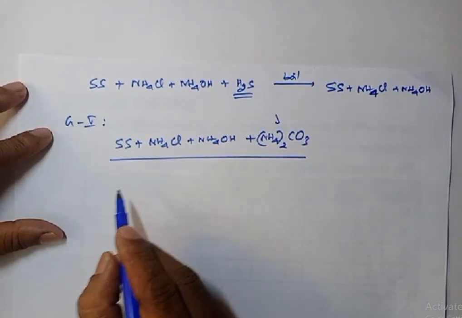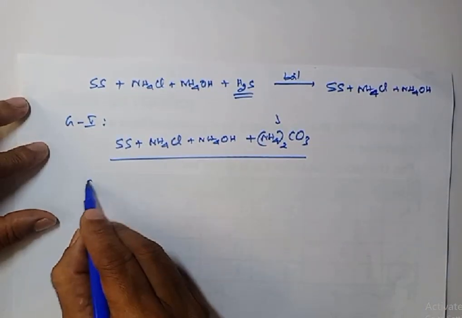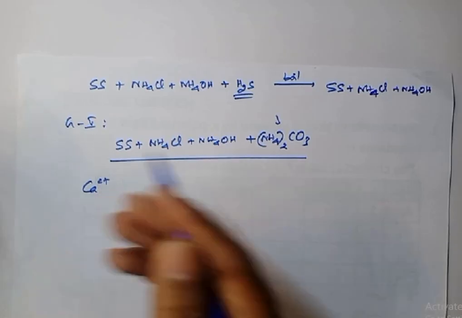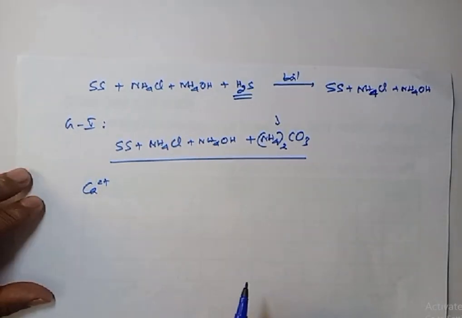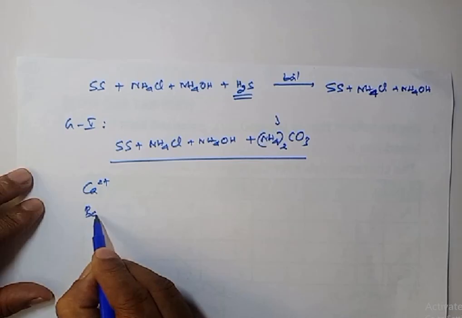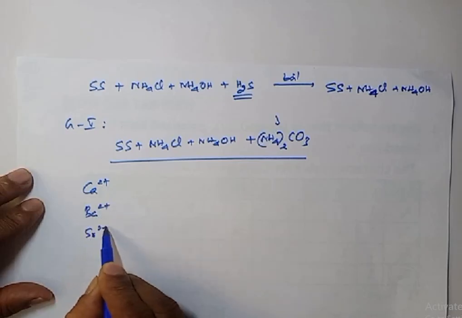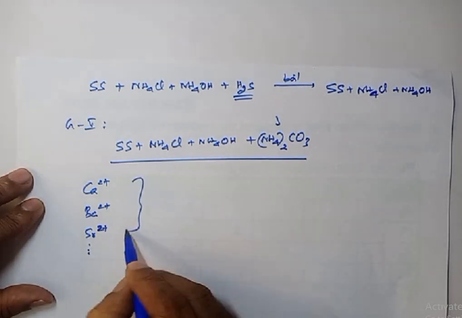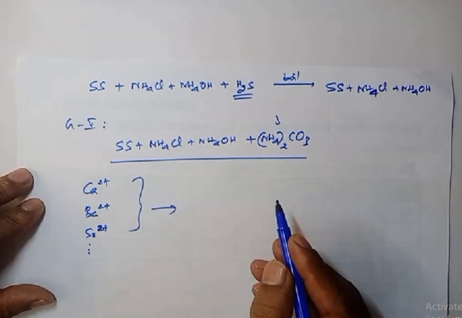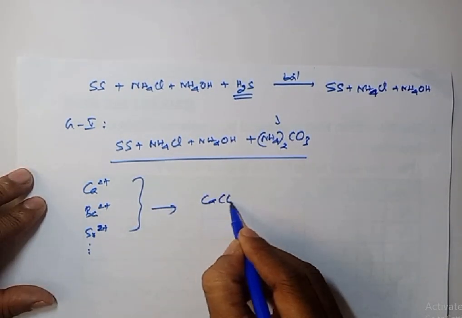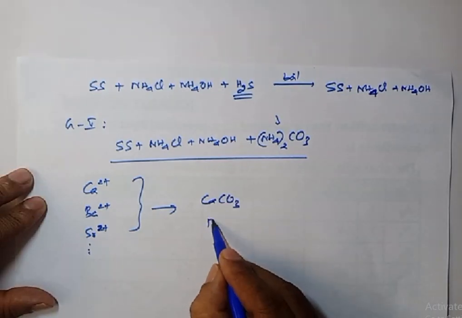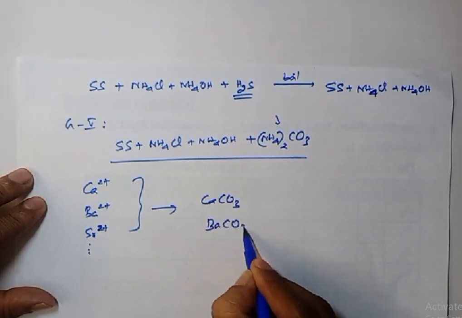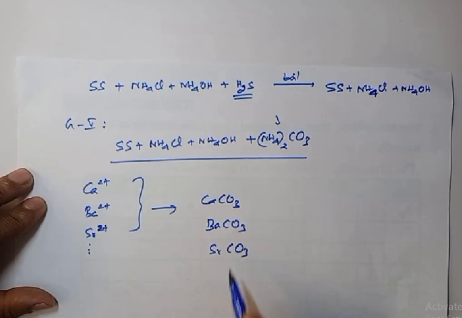What are the ions present in group 5? Calcium 2 plus, basically alkaline earth metal ions: calcium, barium, strontium, etc. These metal ions are precipitated as their carbonates. Calcium gets precipitated as calcium carbonate, barium as barium carbonate, strontium as strontium carbonate.